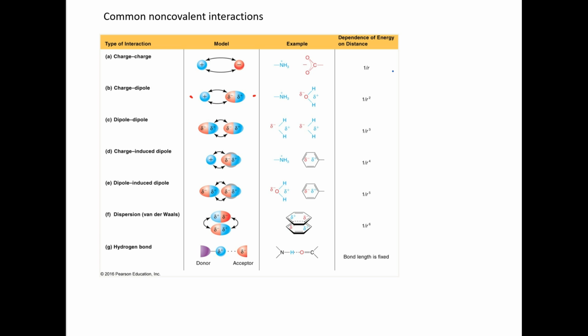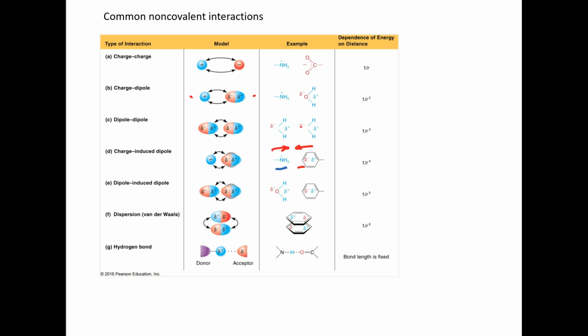So in this case, if you have an aromatic group like a benzene and you put a charge next to it, in this case a positive charge, it's going to cause a polarization of the electrical density in that aromatic group, and that will give you a partial negative charge in proximity. Following that induction, you're going to have an attractive event where these two things are pulled towards one another and you have an associative force.